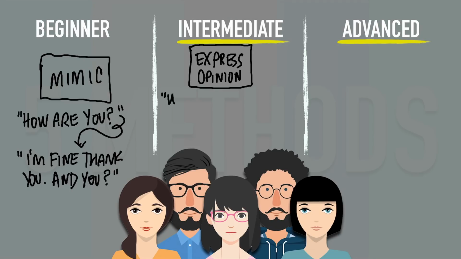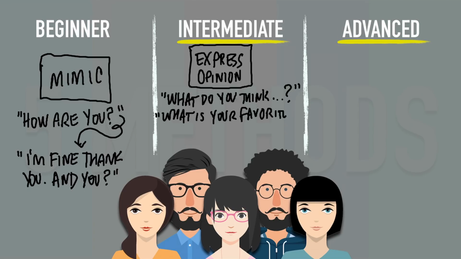For example, the questions normally are, what do you think about ...? Or, what is your favorite ... and why? Okay, at the intermediate level, you're learning how to express your opinion and also give reasons why.